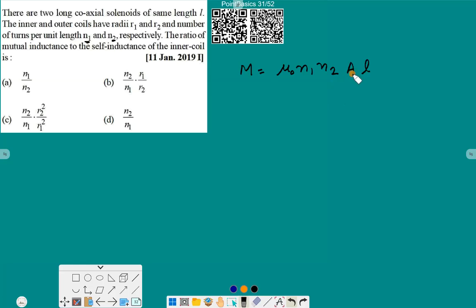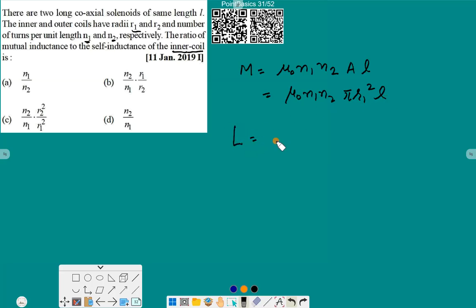Now this area is the area of the solenoid for which we are calculating the mutual inductance, and as we are doing it for the inner coil, the area will be pi r1 square. So it will be mu naught n1 n2 pi r1 square into length.